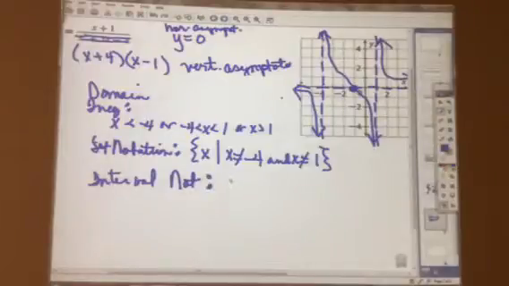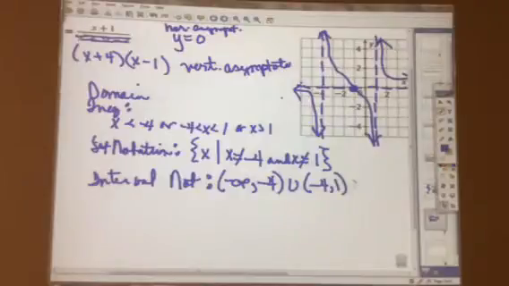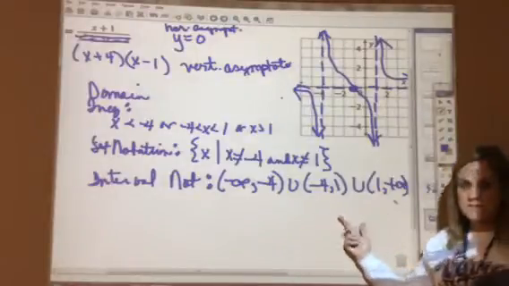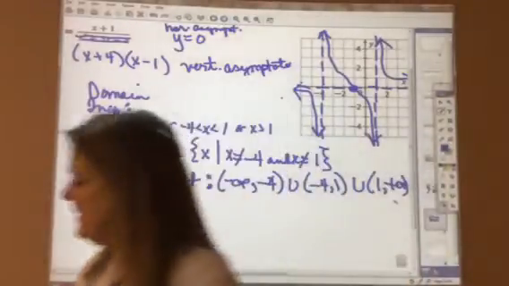Interval notation. Very good. Negative infinity to -4, union -4 to 1, union 1 to positive infinity. Any questions? What about the range?